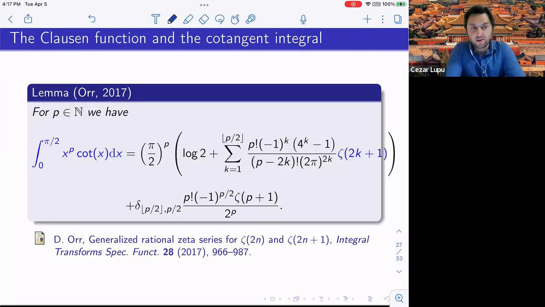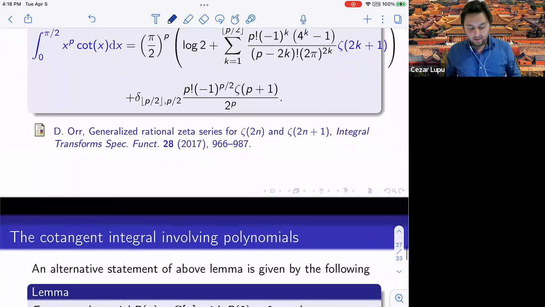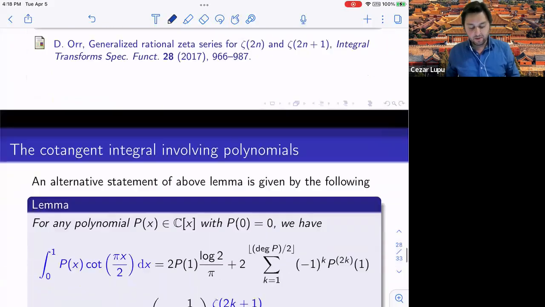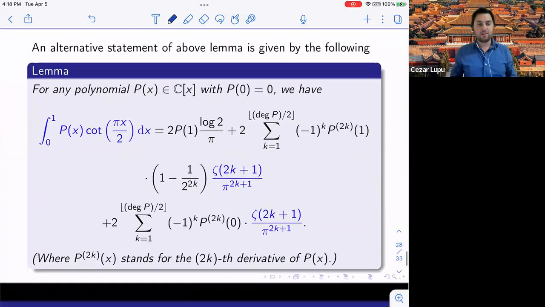It was very shocking, although it's very simple. So you can express this as the integral of x to the p times cotangent. As you can see, this is a finite sum involving odd zeta values. And the proof is very elementary, just integration by parts and using properties of Clausen functions. So instead of writing x to the p, we can actually write a polynomial, and we can have this version of the lemma.